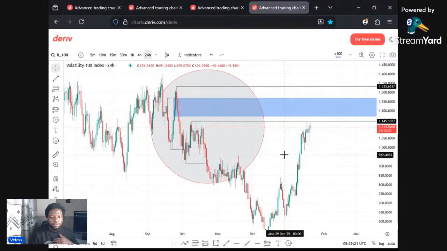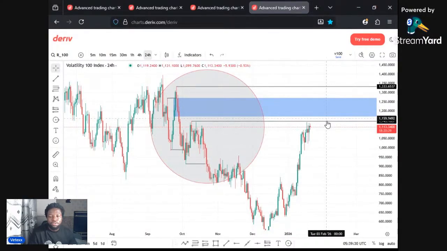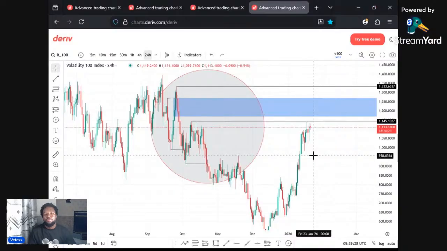It's just as simple as that. All right. Now, moving on, there's nothing on V100 index, but this is what you're anticipating for price to do. Tap into this POI, give us a continuation structure on the 4-hour time frame, and then we will scale down to the 15 minutes, 10 minutes, and 5 minutes for our continuation setup.